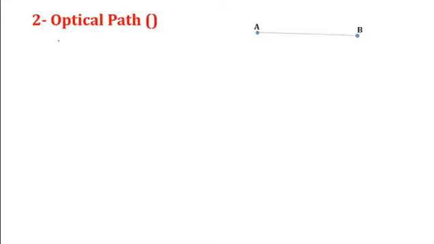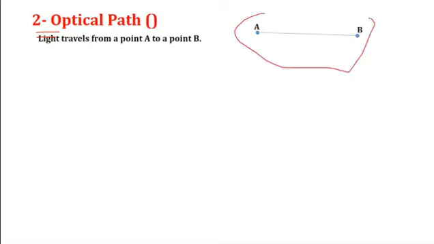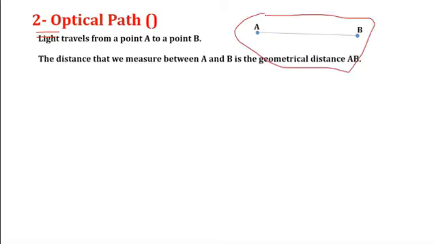Before we continue, we are going to review something called optical path because it is useful in our study. Consider that light is traveling between two points A and B. The distance that we measure by a ruler between A and B is called the geometrical distance AB.